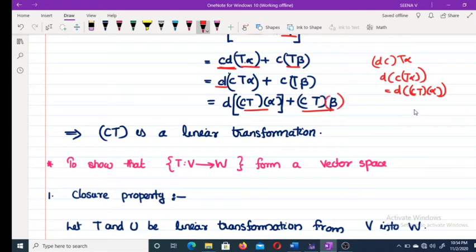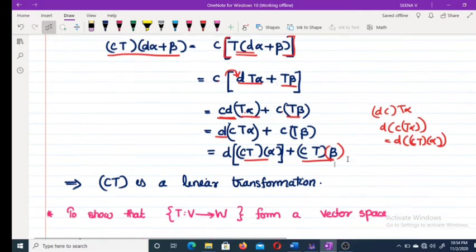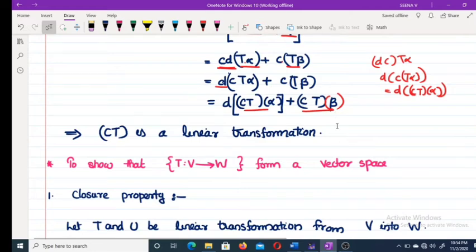That is, (cT) of (d alpha plus beta) equal to d times (cT) of alpha plus (cT) of beta. This implies cT is also a linear transformation. That means scalar multiplication gives a linear transformation.